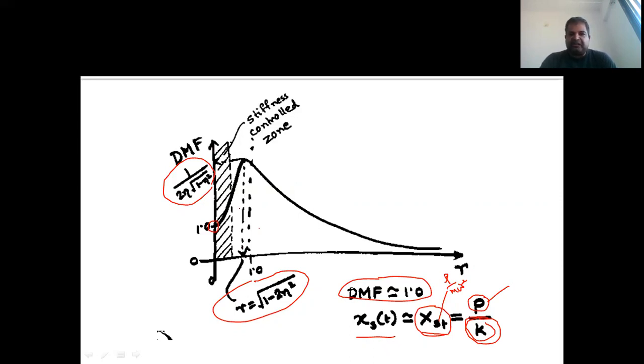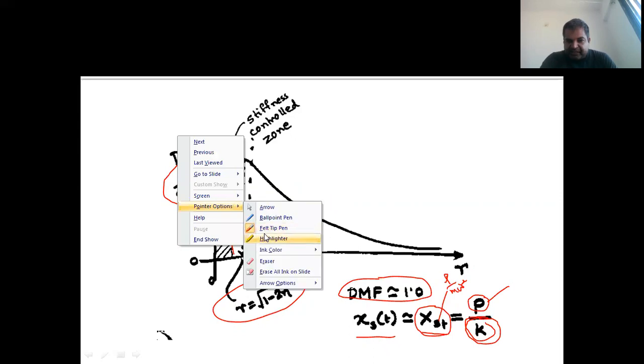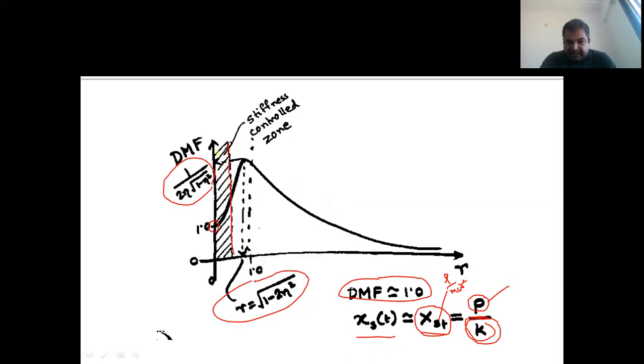So at very close to this y-axis line, I will define this zone, which is very close to this line. This zone is my stiffness controlled zone, because it depends upon the value of K. This is the first zone I am defining.